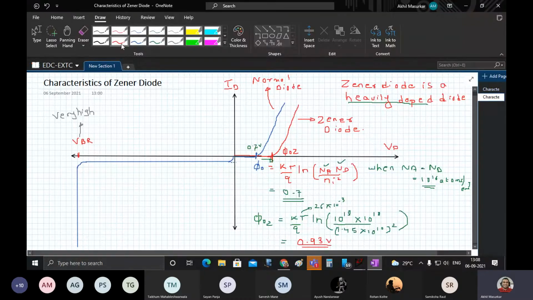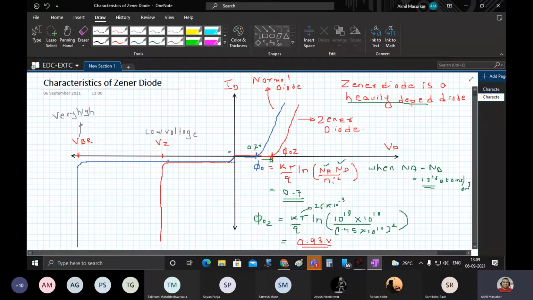So as far as Zener diode is concerned, this breakdown will occur at a very low potential. This breakdown is called Zener breakdown and it occurs at a low reverse voltage. The left side is all reverse bias and the right side is all forward voltages.